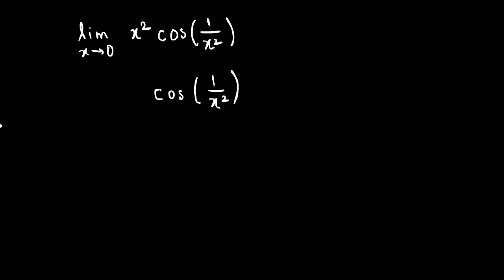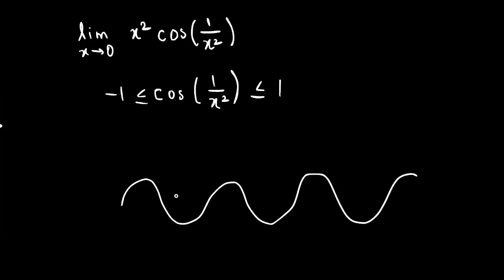Well, we know that this function is always going to be bound between -1 and 1. The reason we know this is because it's a cosine function. It is going to be constantly oscillating between the same two values, always either on the upper bound 1 or on the lower bound -1.